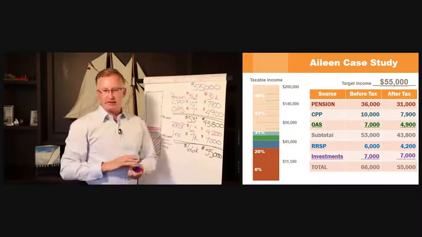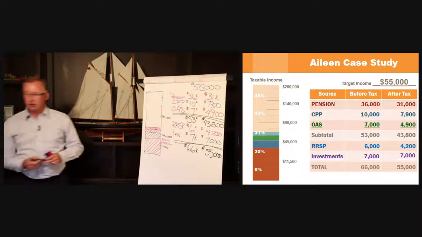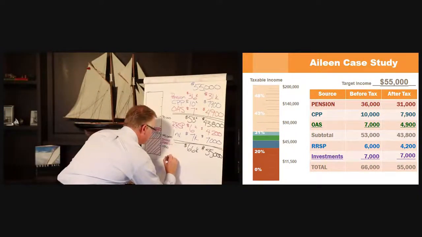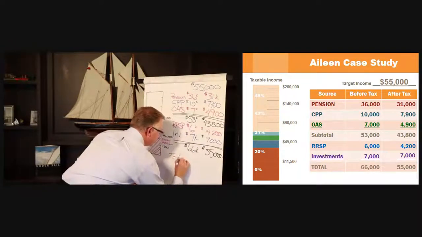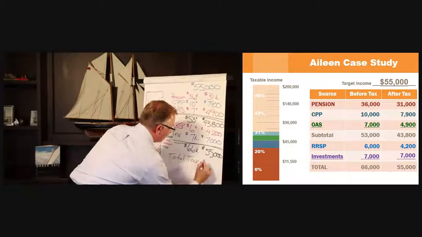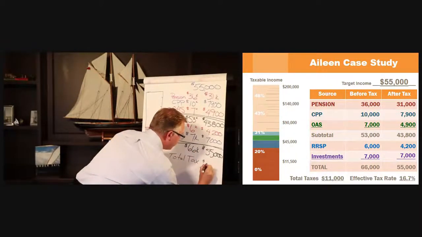The total taxes that she's paid. Let me grab another marker. So her total tax is $11,000: 66 minus 55, before tax, after tax, is $11,000.